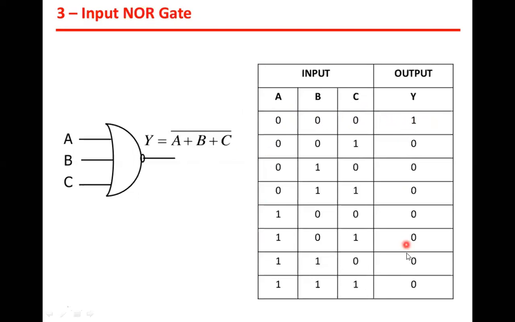For all the rest of the conditions, the output will be 0, and for 1 1 1 the output is 0. You can see that 1 plus 1 plus 1 is nothing but 1, and 1's complement is 0.